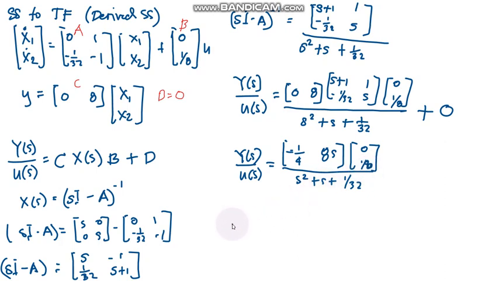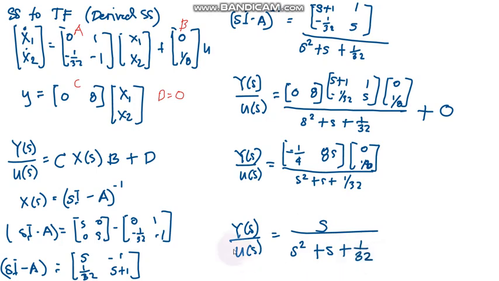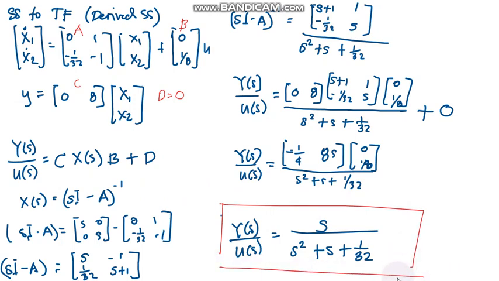Therefore, our final answer, Y of s over U of s, will be equal to s over s squared plus s plus 1 over 32. So we have arrived at our correct transfer function.